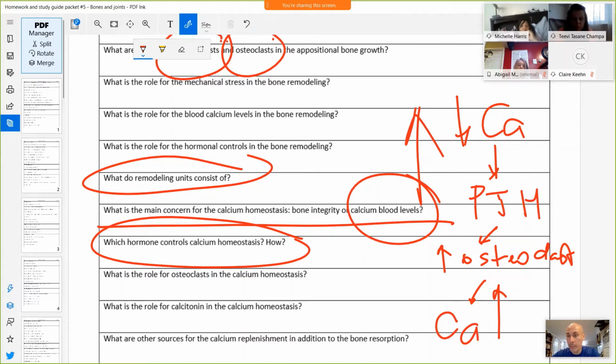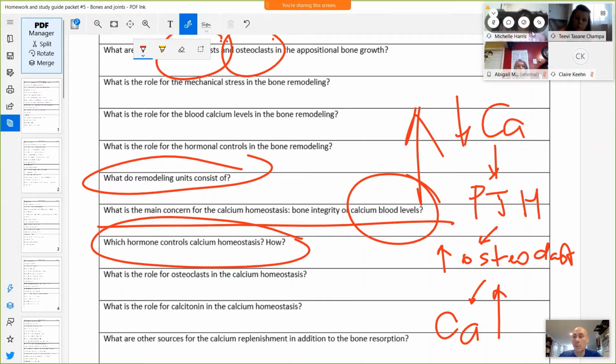Okay? Now, for a second, let me ask you this. Imagine that you have a patient who has cancer, and that cancer affects the patient's parathyroid gland, and his parathyroid gland produces a lot of parathyroid hormone, a lot. What's going to happen to the calcium levels in the blood of that patient?